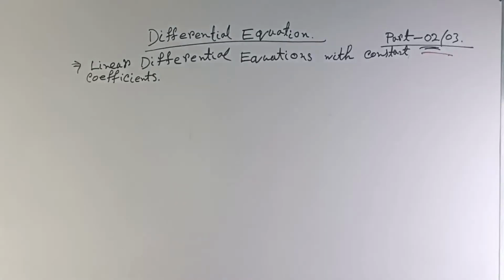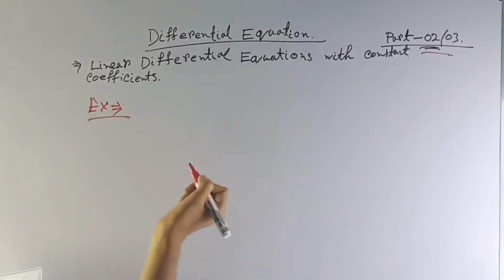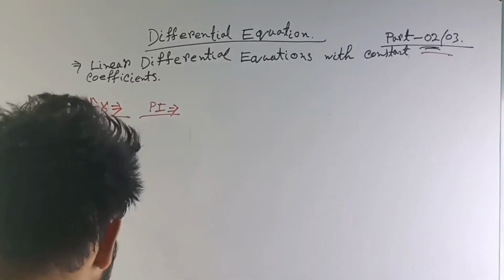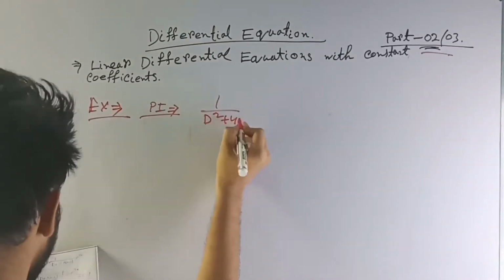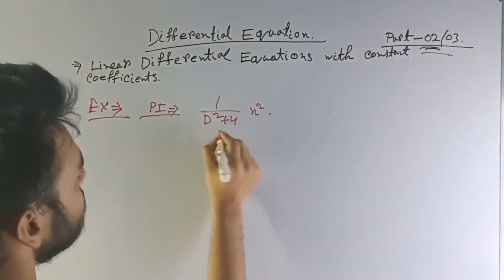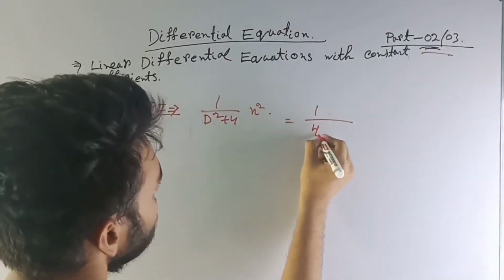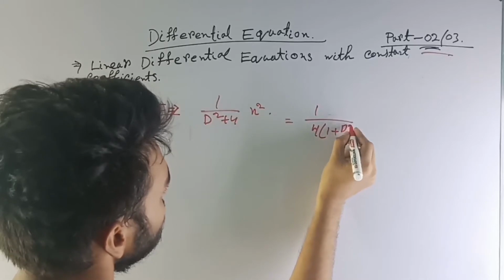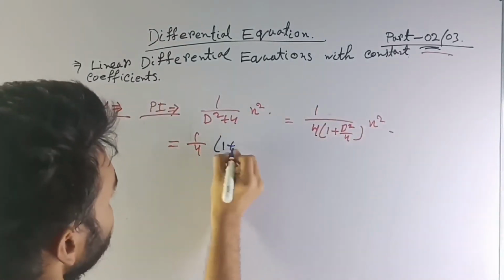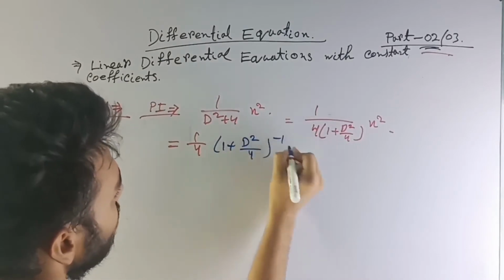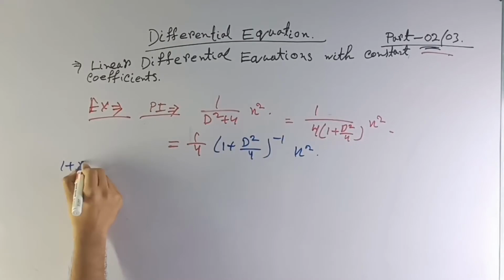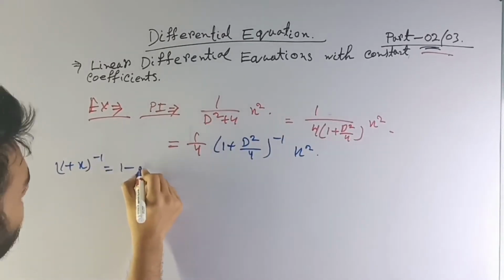Now an example as well: PI equals, also here you remember the particular integral. So now 1 by d square plus 4 of x square, here the linear term is x square, not the e and sin and cos. So now taking 4 common, therefore 1 plus d square by 4 of x square, therefore 1 by 4 times 1 plus d square by 4 inverse of x square, which means it's coming 1 plus x inverse.